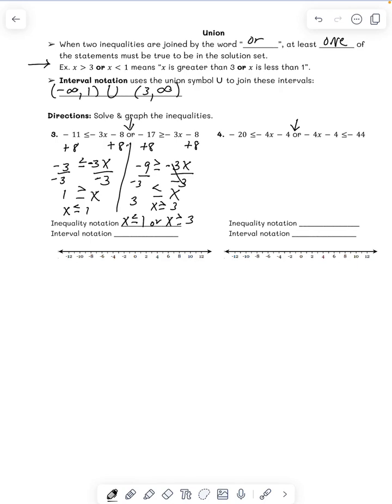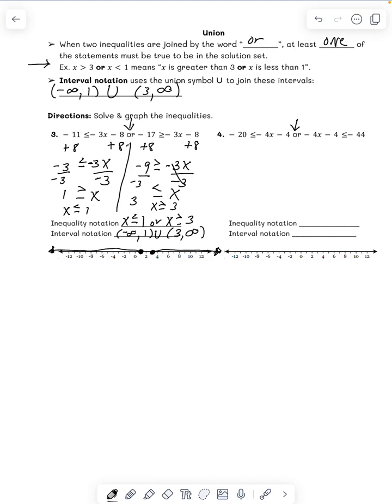Then if I were to use interval, I would write it like that, and then I would have my union right in the middle. Okay, so I'll be right here at 1, and it would go in this direction, and then I would have it at 3, and it would go in this direction, just like that.